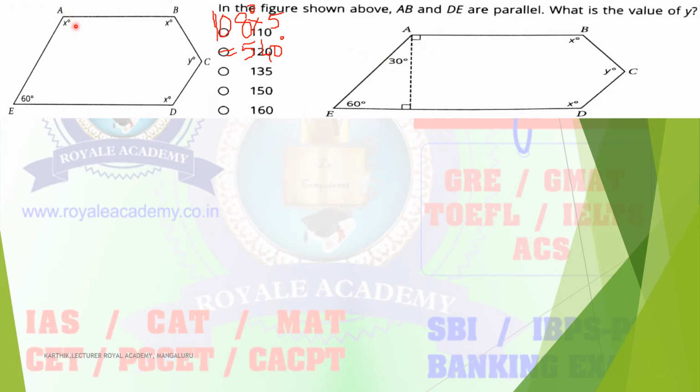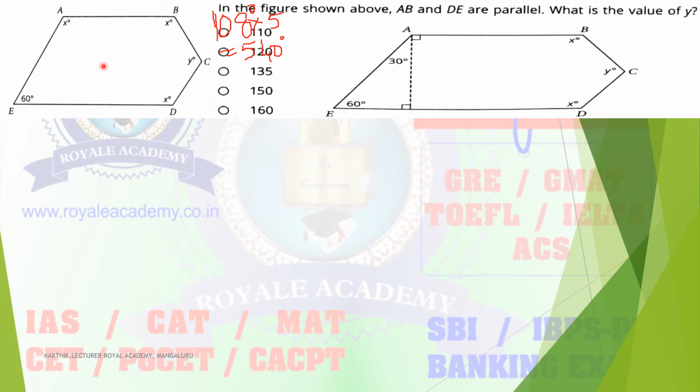So x is equal to 120 degree. Bisecting is only possible if two lines are parallel with each other. Understood? So 90 degree plus 30 degrees, the total is 120 degree.